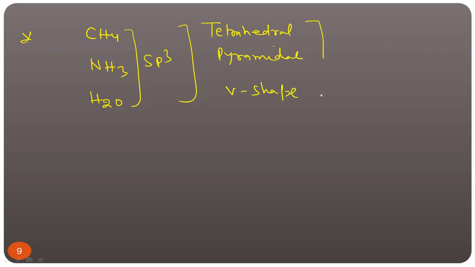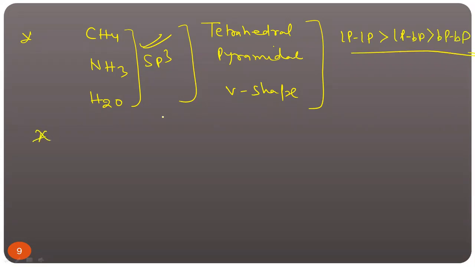Why is there a different shape? They have hybridization sp3. Yes, there comes VSEPR theory. VSEPR theory gives you the exact shape of the molecules, and according to it, lone pair-lone pair repulsion is more than lone pair-bond pair, and then comes bond pair repulsion. Always remember. Now how to find the shape of the molecules?